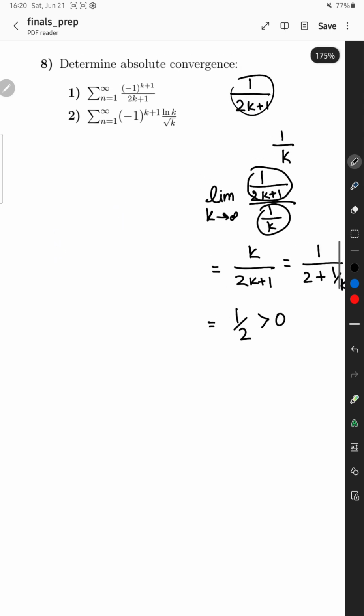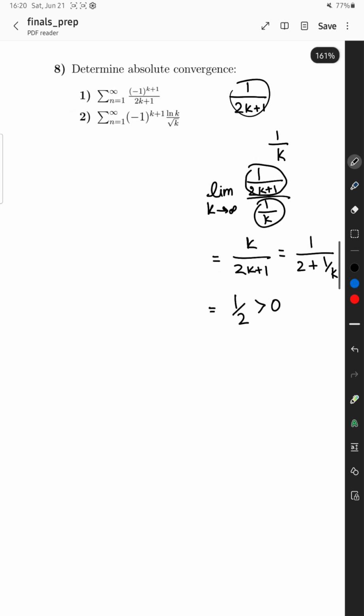But with the alternating term, it does conditionally converge. Why does it conditionally converge? Because there are two conditions to conditional convergence.